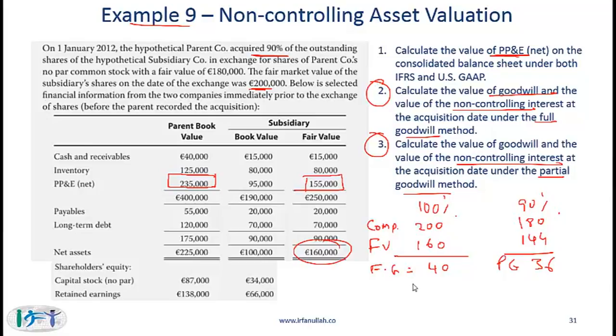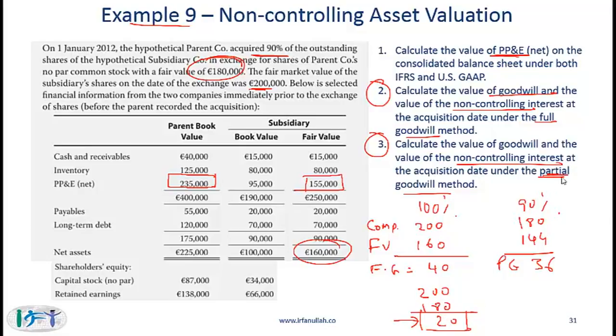To come up with the minority interest, we look at the difference between the total value, which is 200,000, and the amount which is paid, or 180,000. That is the amount which is actually paid. This difference is 20. Under the full goodwill method, that 20 is shown as the minority interest or the non-controlling interest. It is shown on the equity side and the label is non-controlling interest.